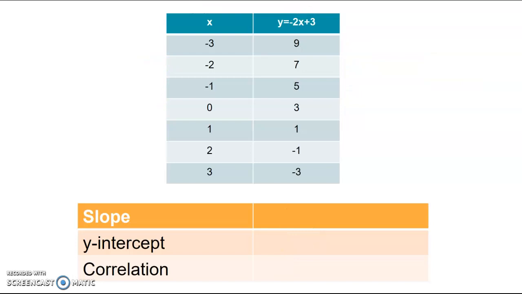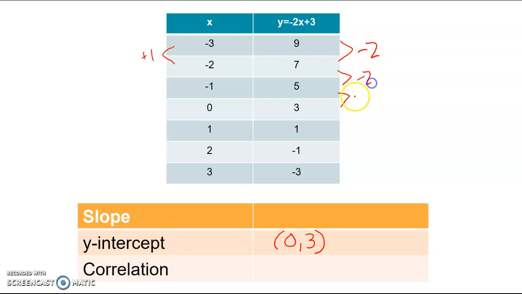Let's try another. Y-intercept, super easy. I look to see where x is 0. Whatever y is when x is 0, that will be my y-intercept. So in this case, I've got (0, 3). My slope, every time I go up 1 on the x, I'm going, not up, sorry, I am going down 2 on the y.